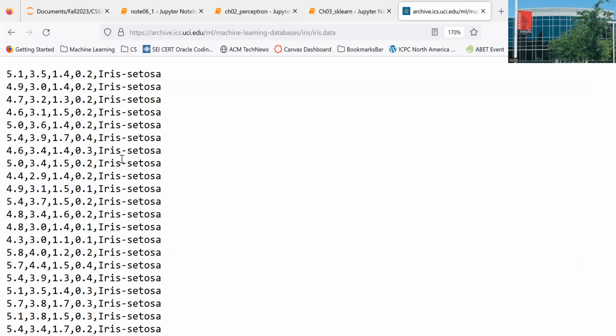The data is already labeled, which is why this is supervised learning. All these 150 samples are called samples.